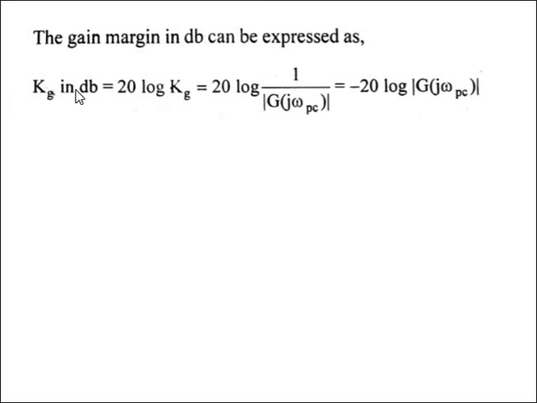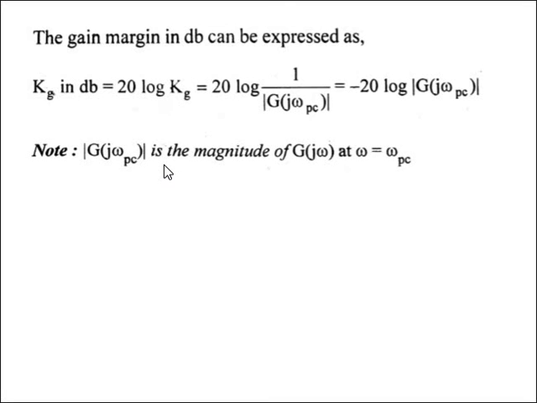The gain margin in dB can be expressed as Kg in dB is equal to 20 log Kg, that is equal to 20 log 1 by mod G of j omega pc, is equal to minus 20 log mod G of j omega pc, where G of j omega pc is nothing but the magnitude of G of j omega at omega is equal to omega pc.